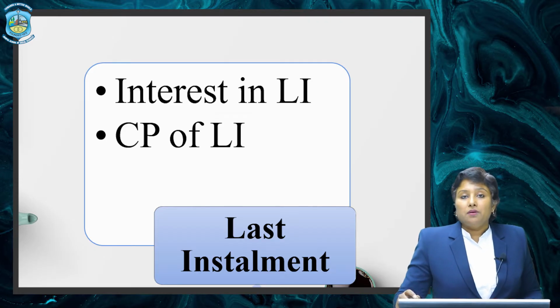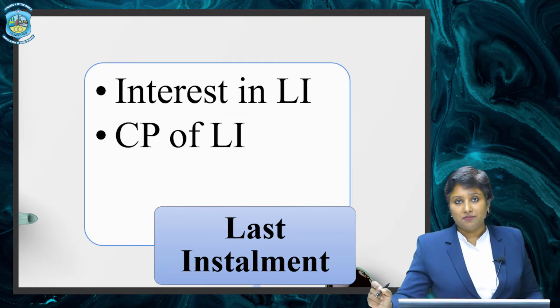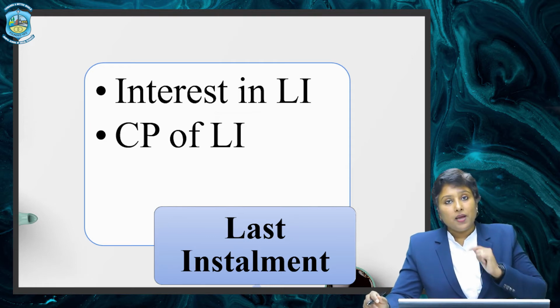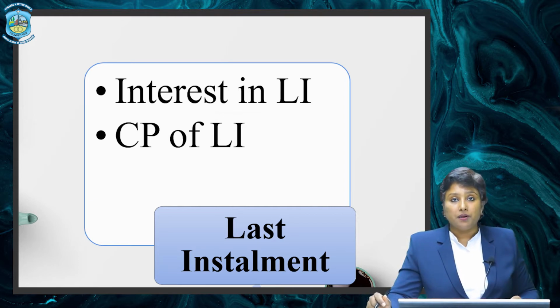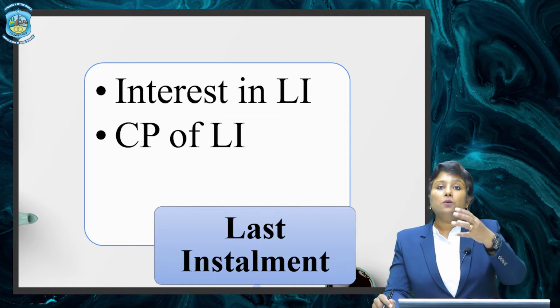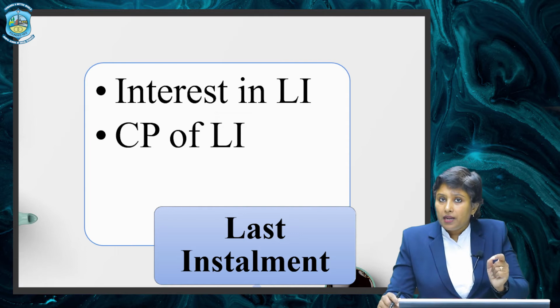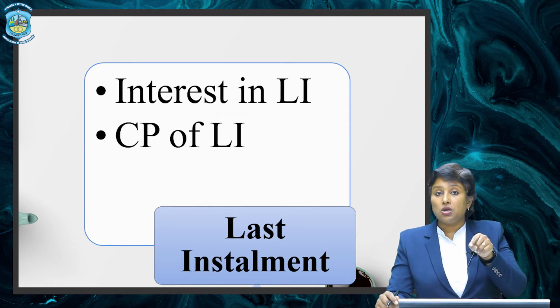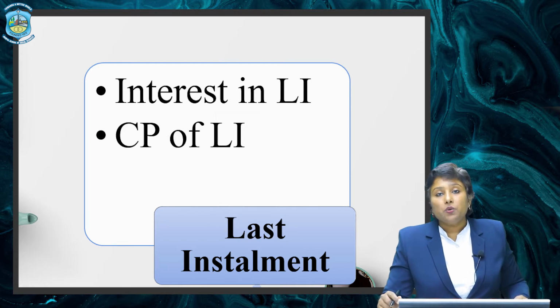Okay, now in each step we have 2 sub steps. Okay, which is number 1, find out the interest included in the last installment. Why? Because the first step is to calculate the last installment's cash price. Okay, to find out the cash price of the last installment, what you need to do? Number 1, calculate interest included in cash price.